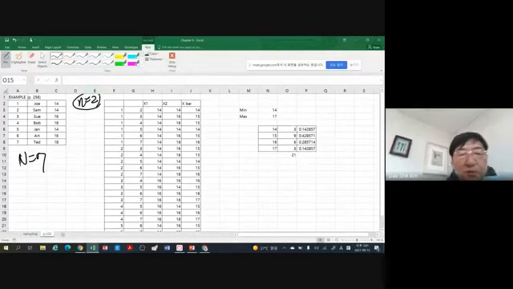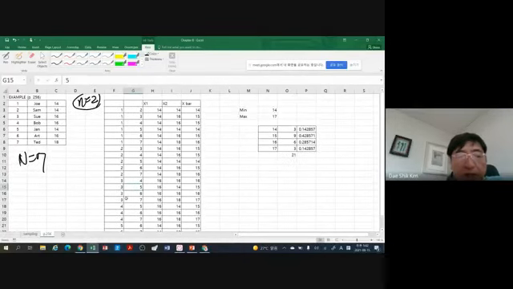Instead of names, I just use employee numbers 1 through 7. Then 1 and 2 are selected, or 1 and 3, 1 and 4, 1 and 5, 1 and 6, 1 and 7, or 2 and 3, 2 and 4, 2 and 5, 2 and 6, 2 and 7, 3 and 4, 3 and 5, and so on.